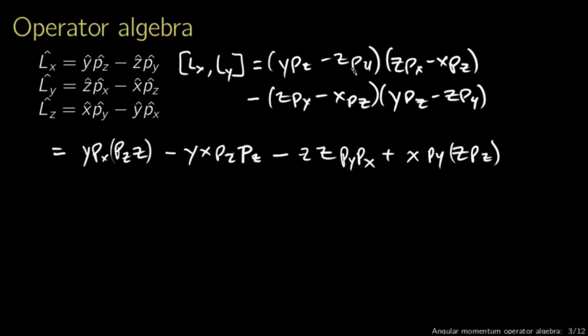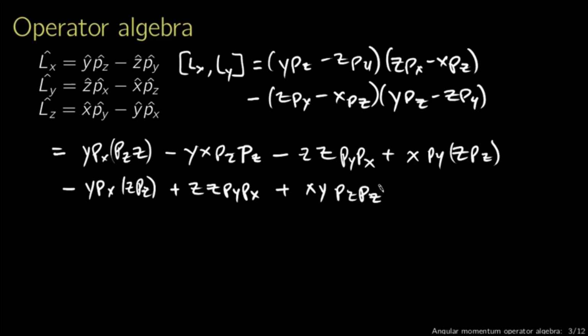That's for the top two terms here. For the bottom two terms, everything is going to have a relative minus sign. So I'm going to get a minus y px, z pz, plus z py px, plus x y pz pz, minus x py, and then pz z. So these are all my operators that I get as a result of expanding this out, provided I've copied everything down correctly from my notes.